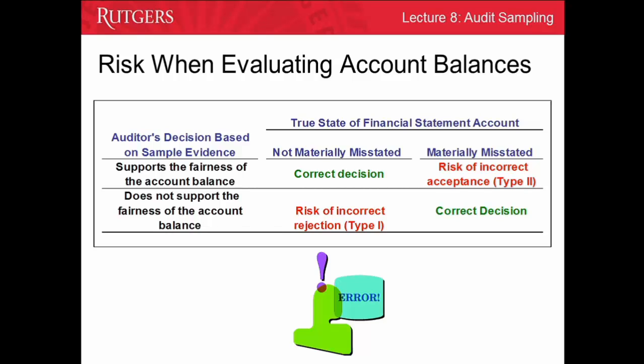If the evidence doesn't support the fairness of the account when it is in reality not materially misstated, the auditor will have incorrectly rejected the account. This can lead to over-auditing and an inefficient audit. If the evidence supports the account as fairly stated when the account actually contains a material misstatement, the auditor will have incorrectly accepted the account, which is a Type 2 error.